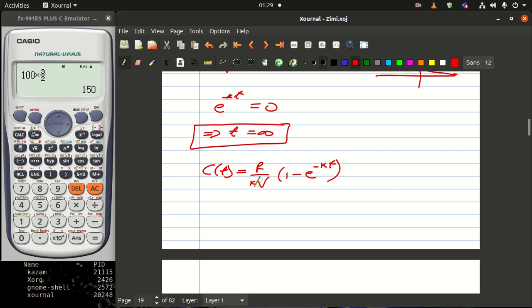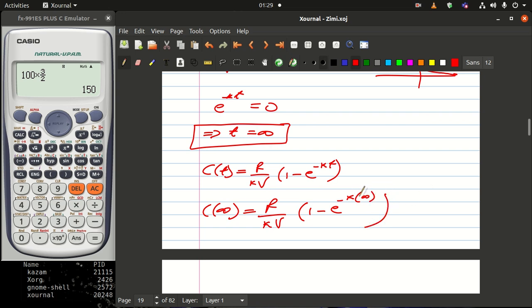When t is infinity, the concentration is r divided by kv, times 1 minus e raised to minus k times infinity.